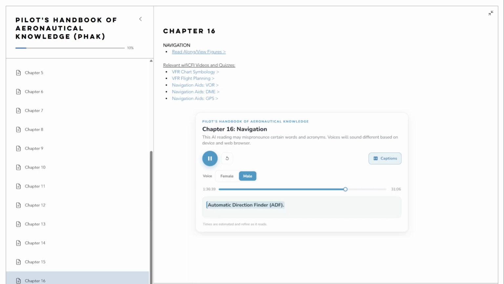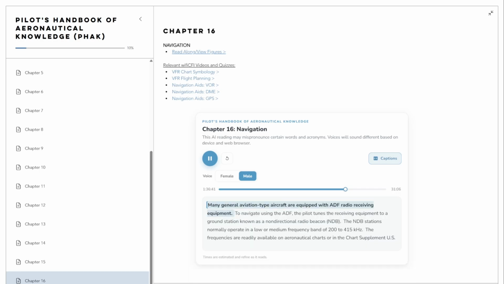Automatic Direction Finder, ADF. Many general aviation type aircraft are equipped with ADF radio receiving equipment. To navigate using the ADF, the pilot tunes the receiving equipment to a ground station known as a non-directional radio beacon, NDB. The NDB stations normally operate in a low or medium frequency band of 200 to 415 kHz.